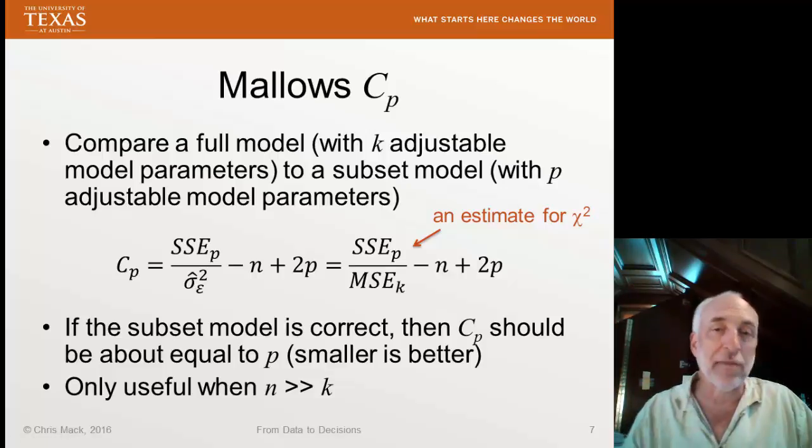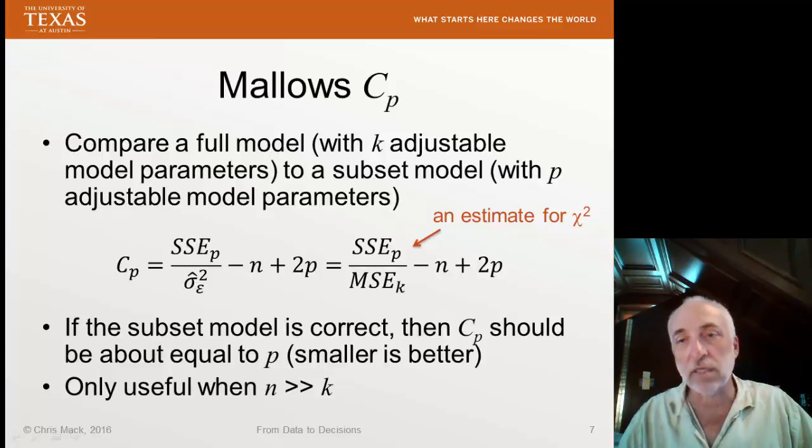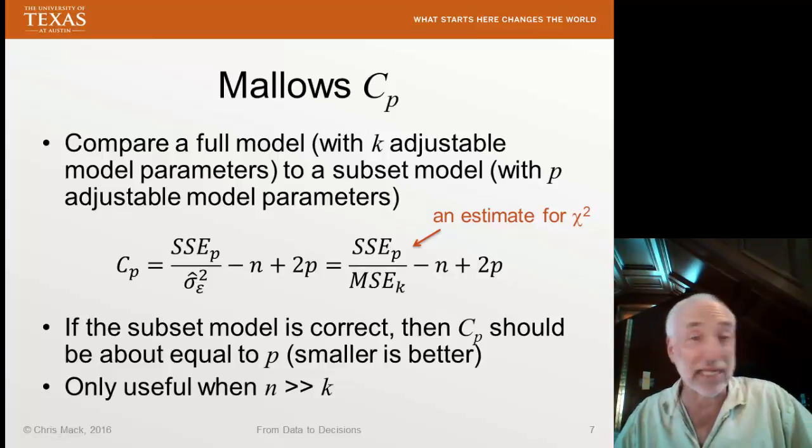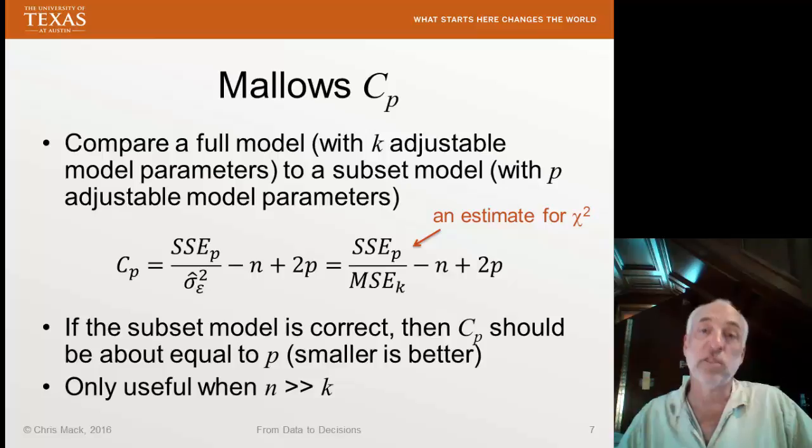Now I'm going to do the same kind of thing. I'm going to add a penalty, just like the AIC. I'll add 2p. I'm going to subtract off n because I expect chi-square, if all my assumptions are correct, to be about n minus p. So I subtract off an n, add 2p.